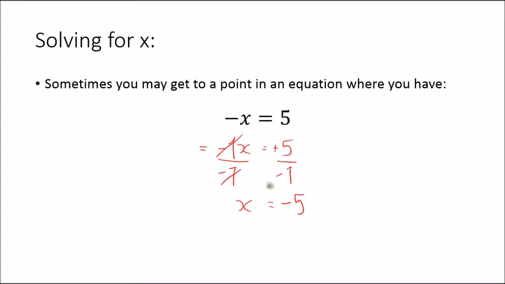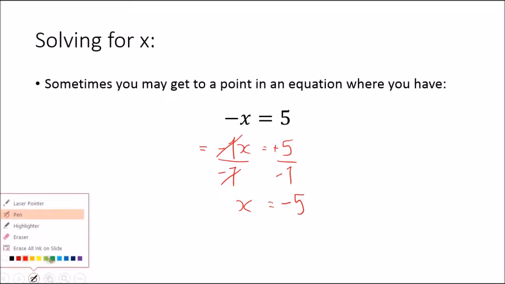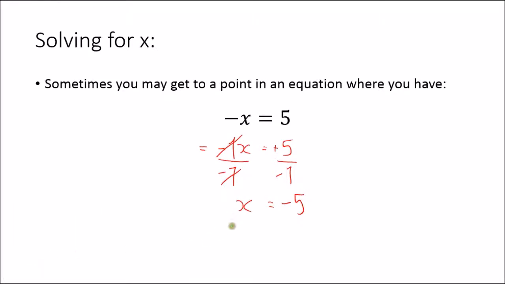Now there is a shortcut to this, however you do need to be careful with it, because like all shortcuts, there is the chance that you're going to get it wrong. If you've got a negative value on one side of your equation like this, then the shortcut is just to change it to a positive value.